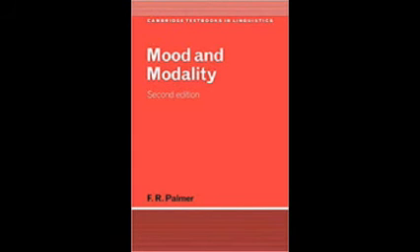Needn't have plus the past participle is used to refer to events which happened but which the speaker considers were unnecessary. For example, I needn't have sent her to such a faraway place. I needn't have brought so much food with me.